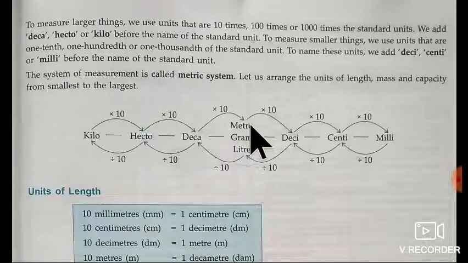In this way, when we multiply by 10 with meter, it becomes decimeter, decigram, deciliter, and multiplied by 100, it becomes centimeter, centigram, and centiliter, and multiplied by 1000, 10 into 10 into 10, it becomes millimeter, milligram, and milliliter.